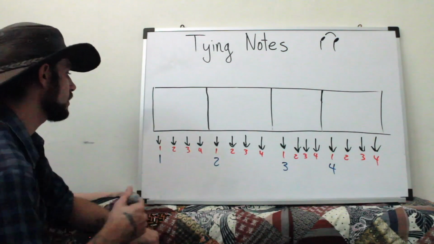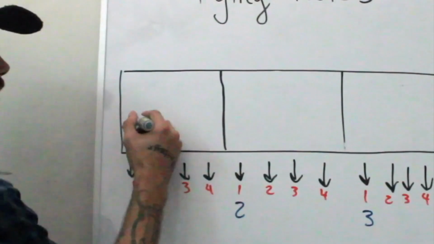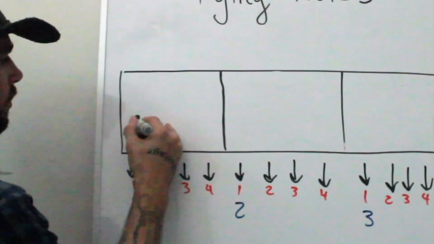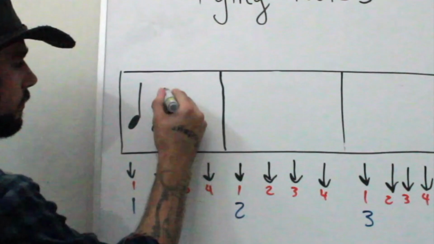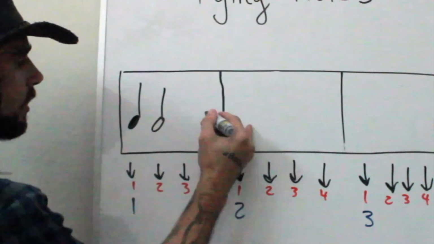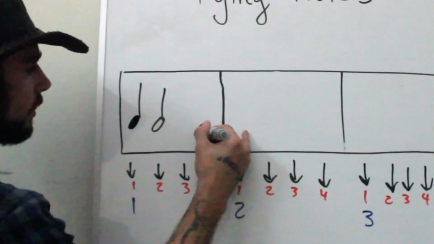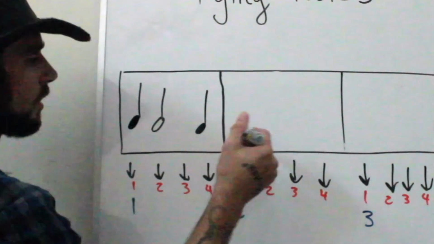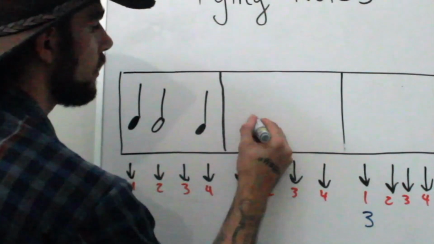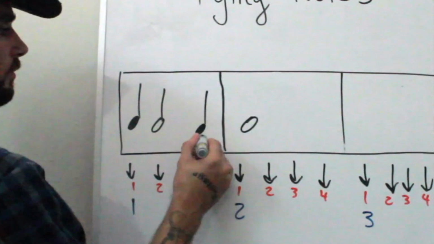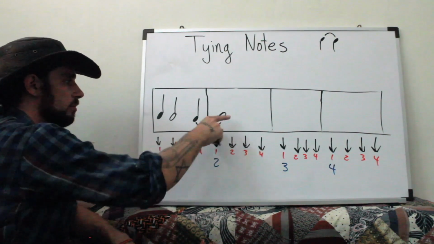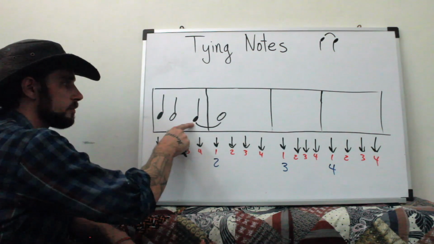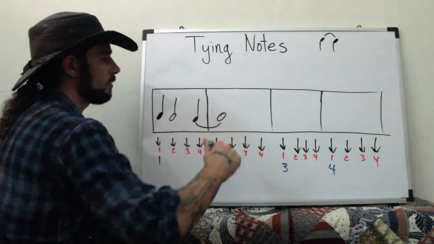Alright, so let's see. Let's do a quarter note with a half note. And then let's do a quarter note here. Let's tie a quarter note into a whole note. So now we have a whole note plus this quarter. So this is all complete.